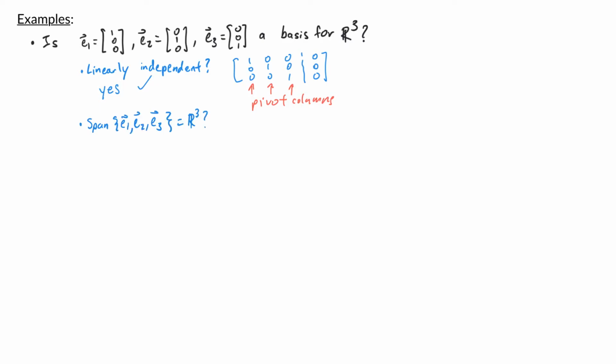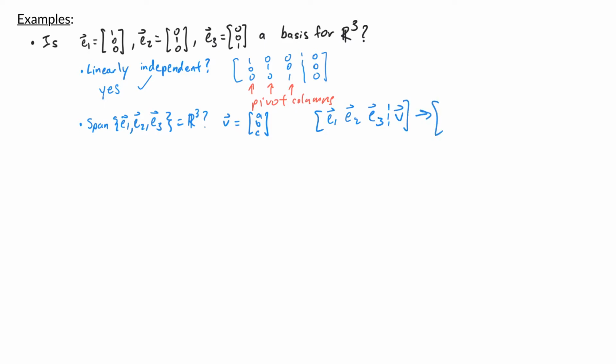There are two ways to think about this. One is, if I take an arbitrary element in R3, can I write it as a linear combination of e1, e2, and e3? So for example, if I have a vector v, let's just say that it has components a, b, and c. If I want to figure out how to write v as a linear combination of e1, e2, and e3, I can make an augmented matrix where I have e1, e2, and e3 augmented with v and try to solve the system.